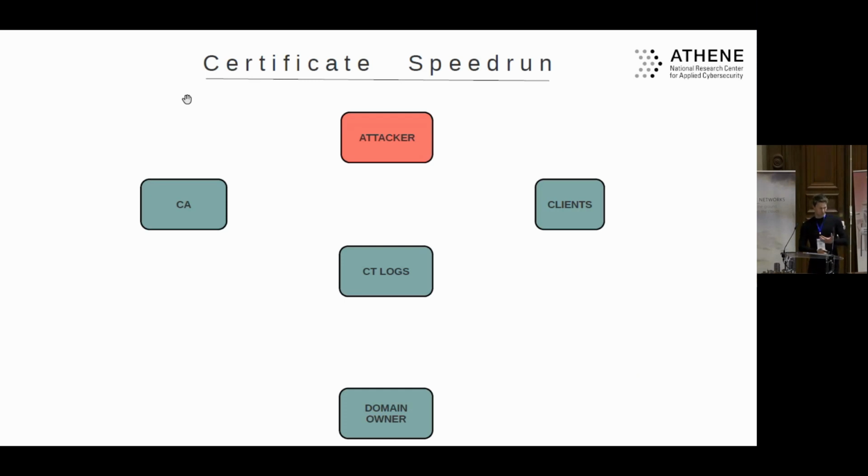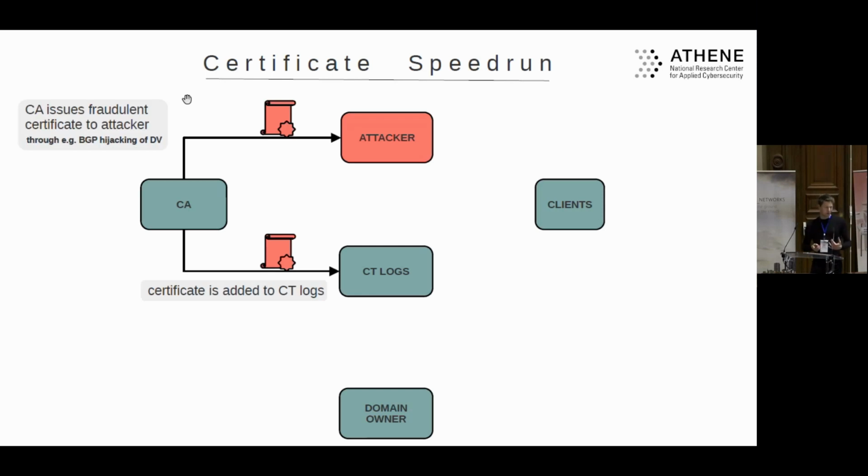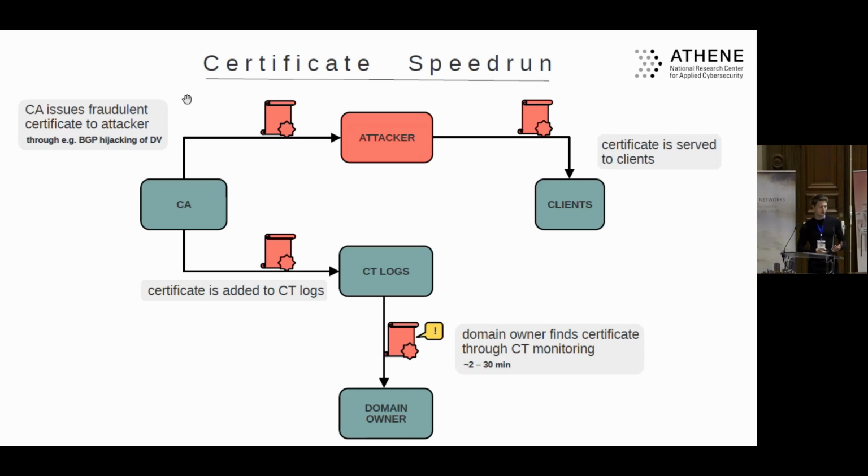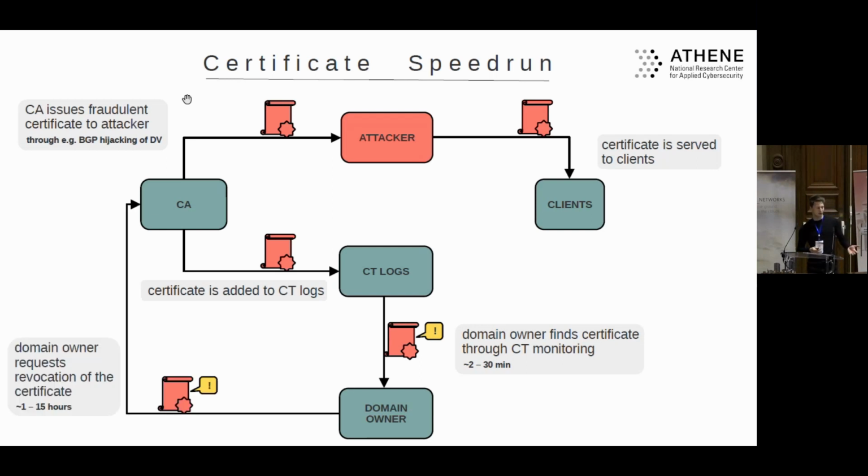So at this point, summarizing the process so far, we have an attacker who managed to have a certificate issued, and he can serve this to clients. At this point, the certificate is fully valid. We now know it takes about 2 to 30 minutes for the domain owner to find out that the certificate exists, and about 1 to 15 hours to revoke it with the CA.